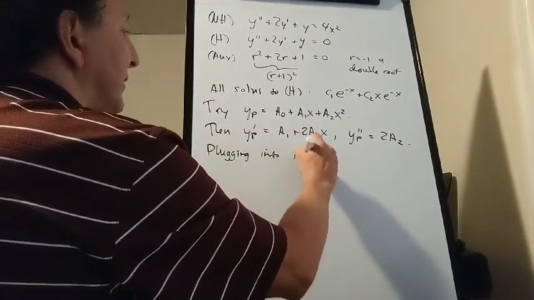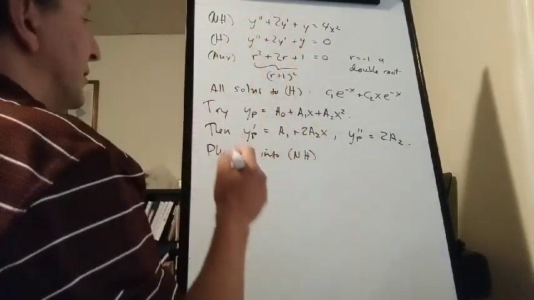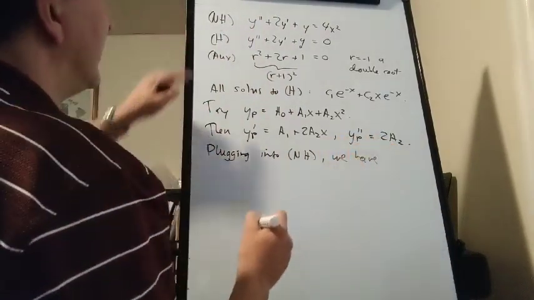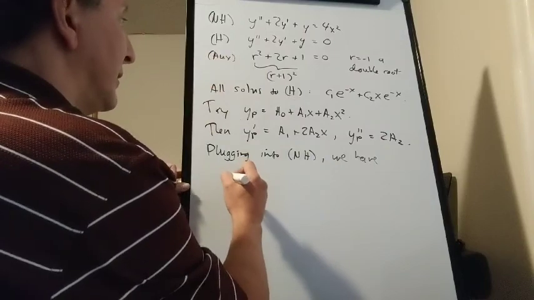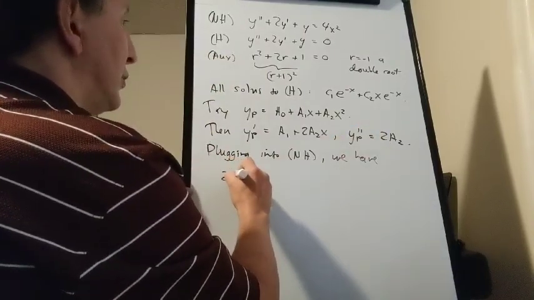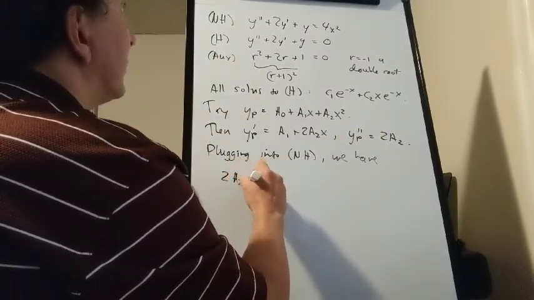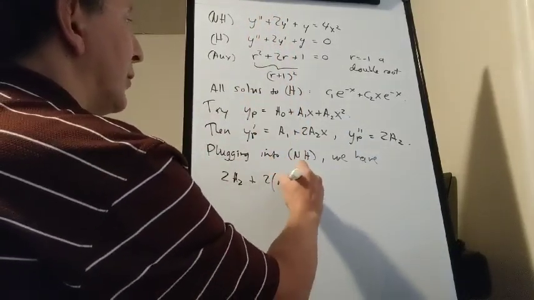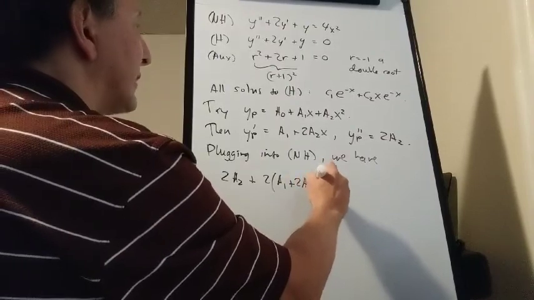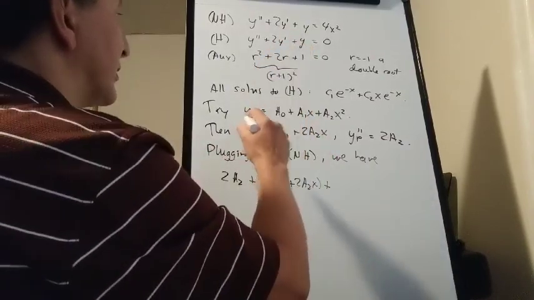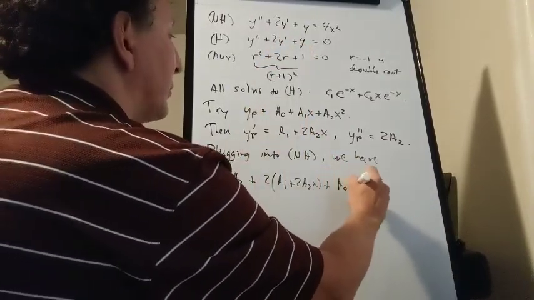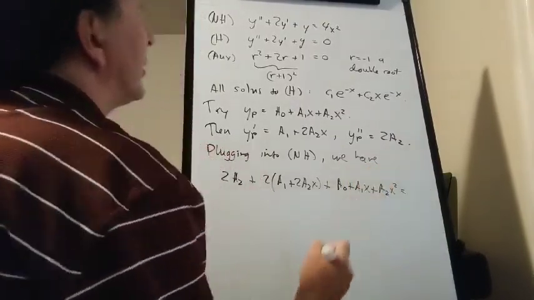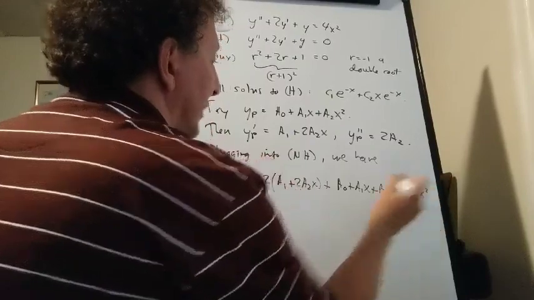Now if we plug this into the non-homogeneous differential equation, we have the second derivative, so 2a2 plus 2 times the first derivative, a1 plus 2a2x, plus the original function, a0 plus a1x plus a2x squared, equals 4x squared.